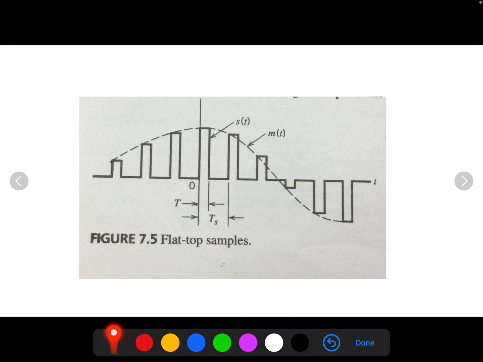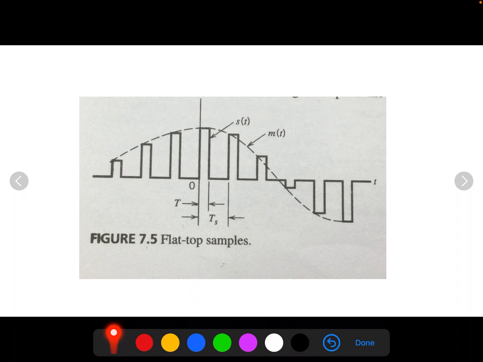So there are two operations involved in the generation of the PAM signal. The first operation is instantaneous sampling of the message signal m of t every Ts seconds, where the sampling rate fs is equal to 1 over Ts.